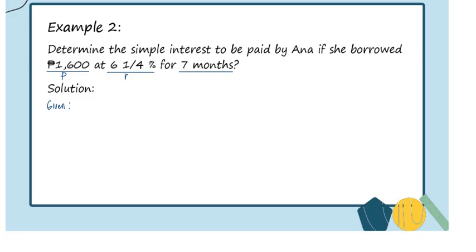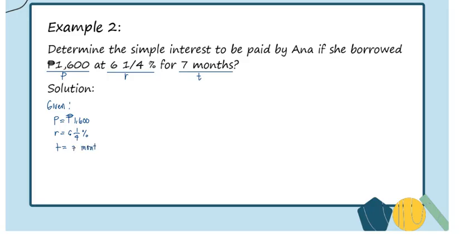So therefore, this is going to be our T. So if we write it down, yung P natin is 1,600 pesos. Sorry about that one. That was 1,600 pesos. And then our rate is 6 and 1/4%. And then our time is 7 months.